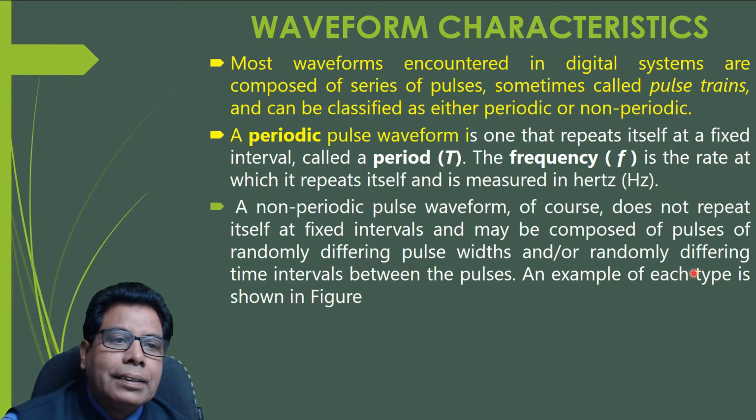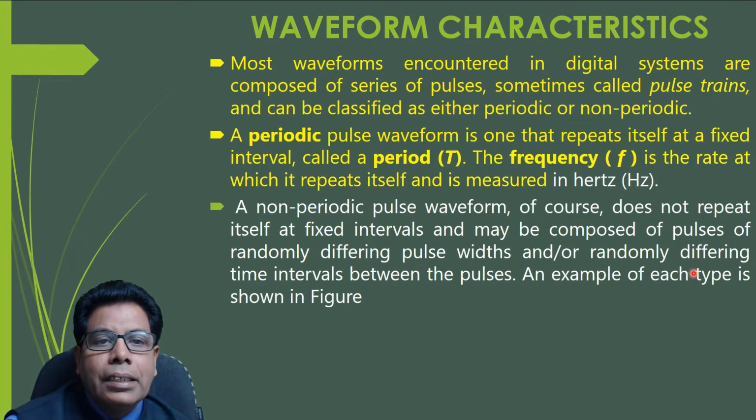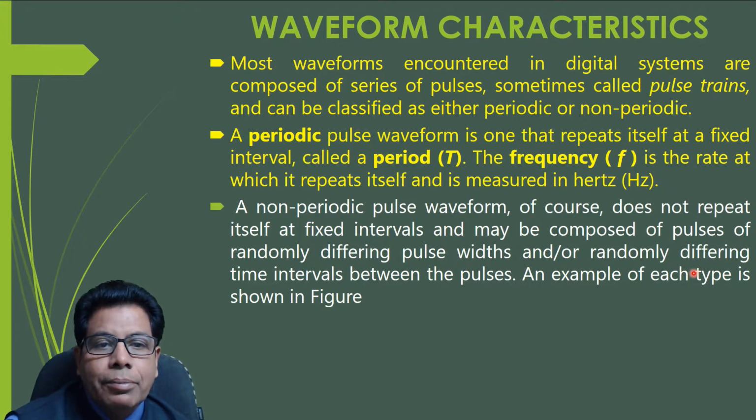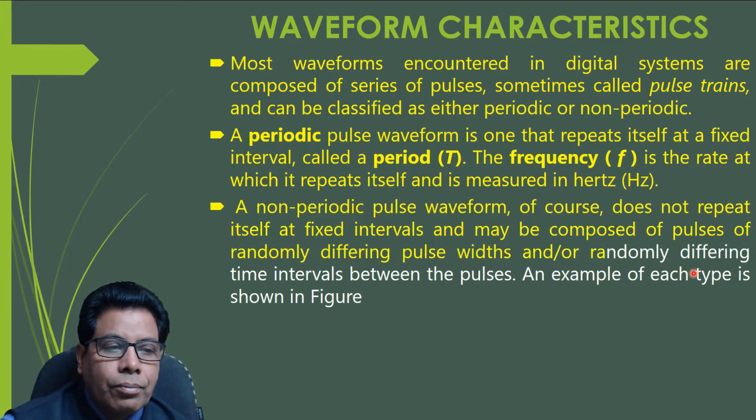A periodic pulse waveform is one that repeats itself at a fixed interval called a period T. The frequency f is the rate at which it repeats itself and is measured in hertz, the unit for frequency. A non-periodic waveform does not repeat itself at a fixed interval and may be composed of pulses of randomly differing pulse width and randomly differing time intervals between the pulses.